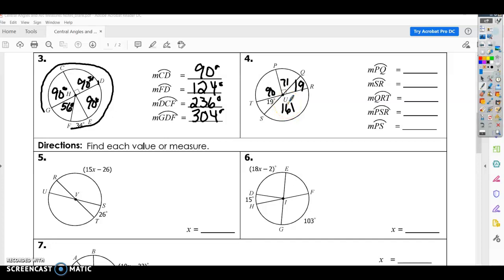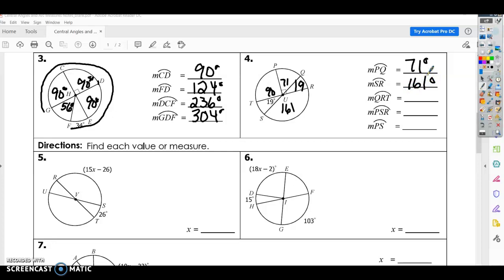Now, once we fill in our circle, then you can look and say the measure of arc PQ. PQ is here, so it's going to be 71. The measure of SR. SR is here, so SR is 161.